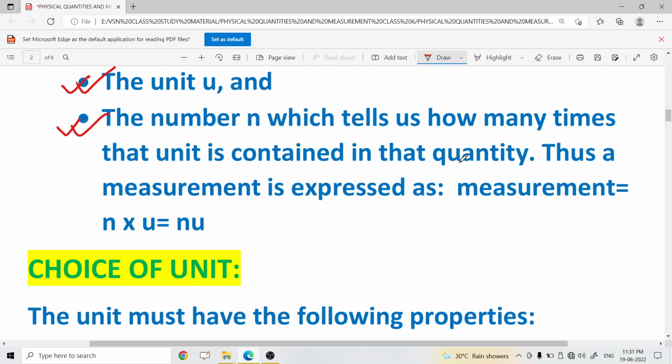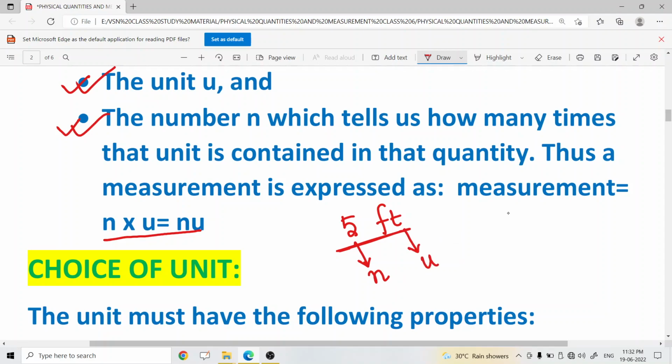Thus a measurement is expressed as n into u, where n is the number and u is the unit. Suppose the height of a man is 5 feet. Then here 5 is n and feet is the unit.